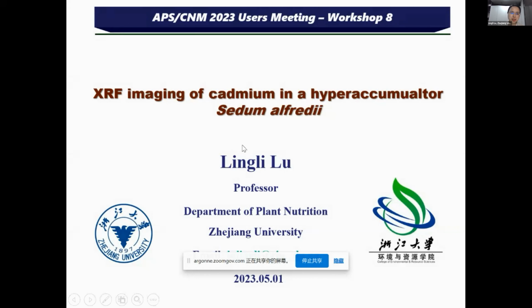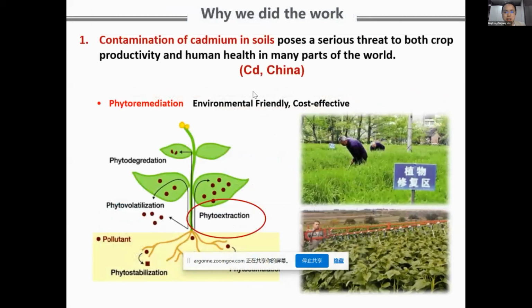So today I want to talk about some of our work on cadmium hyperaccumulation in a very specific plant species. Let's talk a little about why we did this work. As we all know, cadmium pollution in soils has posed serious threats to both crop production and human health.